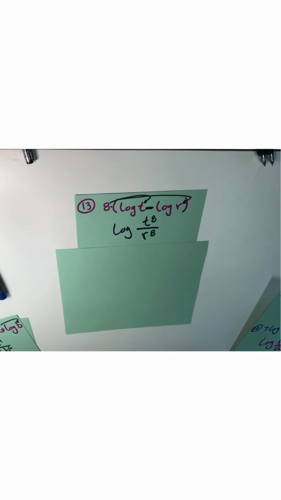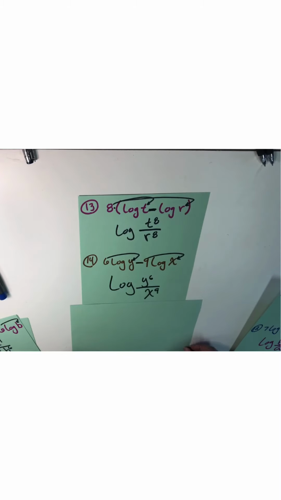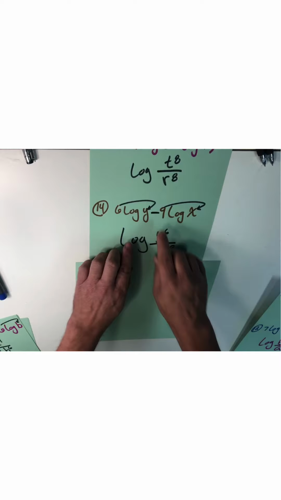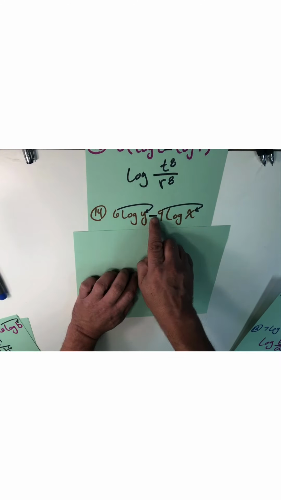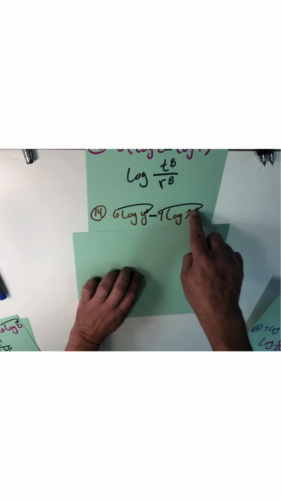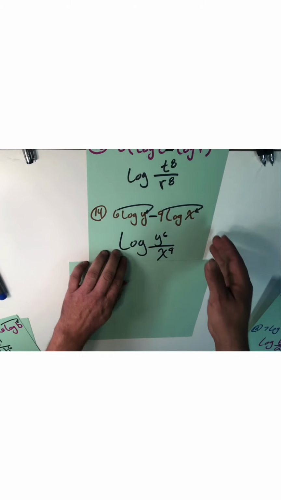So in one step, it is log of t to the 8th divided by r to the 8th. Number 14. This is, again, a subtraction, which means there's going to be a division. This is a power. This is a power. So when you write this in one step, it's log of y to the 6th divided by x to the 9th. Pretty simple.